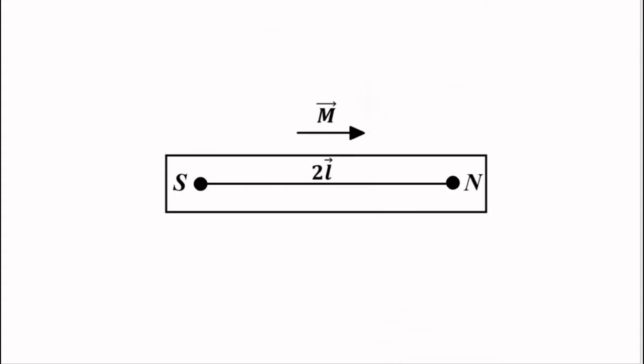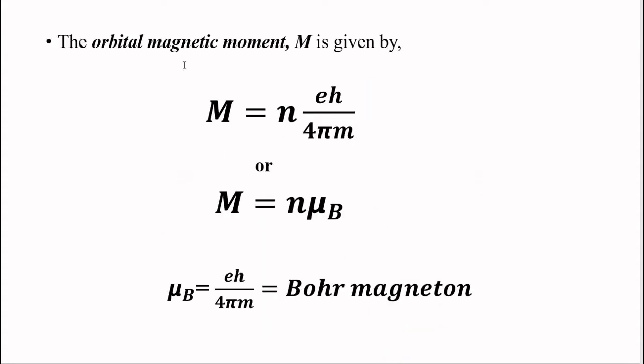That orbital magnetic dipole moment is responsible for the magnetic behavior. In case of diamagnetic materials, the magnetic dipole moments cancel each other out. They exist in pairs, equal magnitude, opposite direction, no net dipole moment. That's why there is weak, repelling type magnetic behavior.